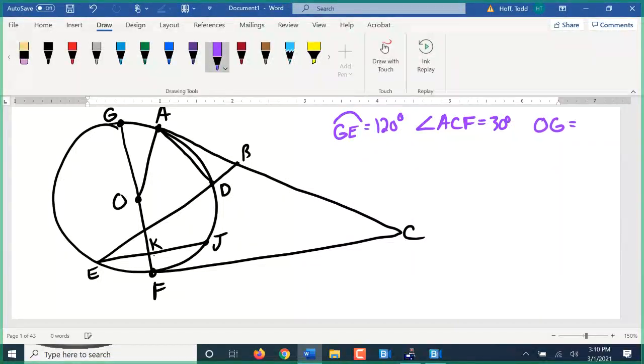The length OG, what does that tell us? What is OG? That's OG. To the circle, that is a radius, right? It's just telling us the radius of the circle.